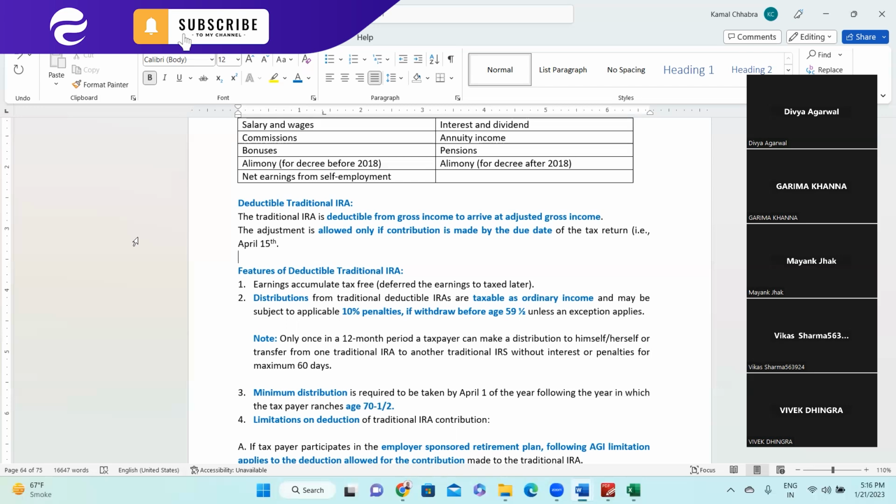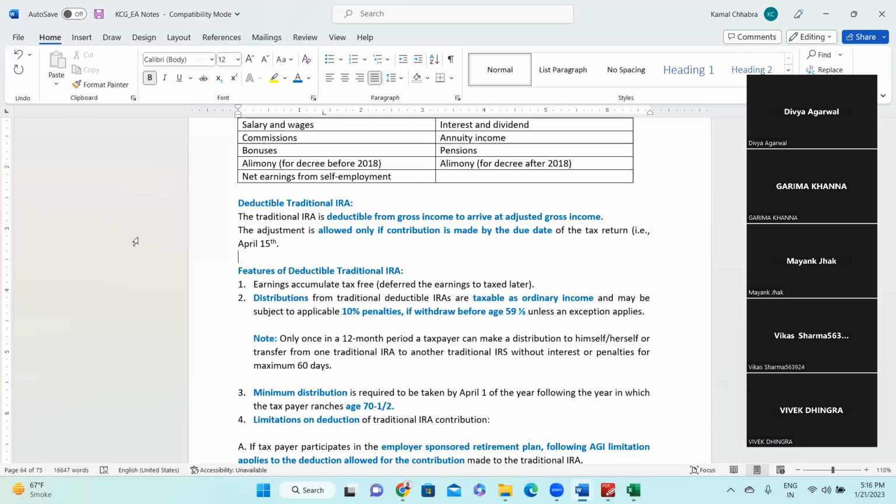So this is not your checking account, right? This is your kind of savings account where you need to hold the money so that it will generate a sustainable income for you in future when you get retired. Right? That is the objective and intent of the lawmaker. Make sense?